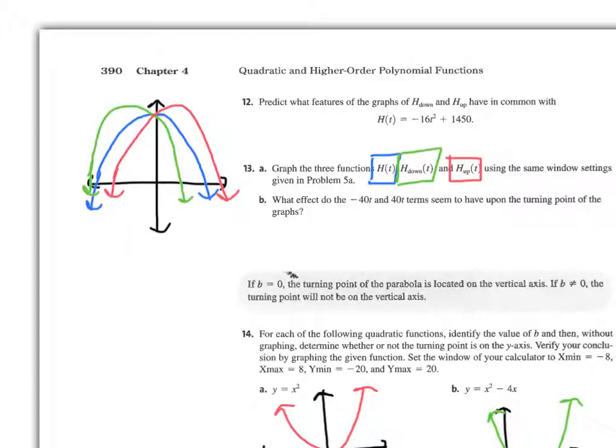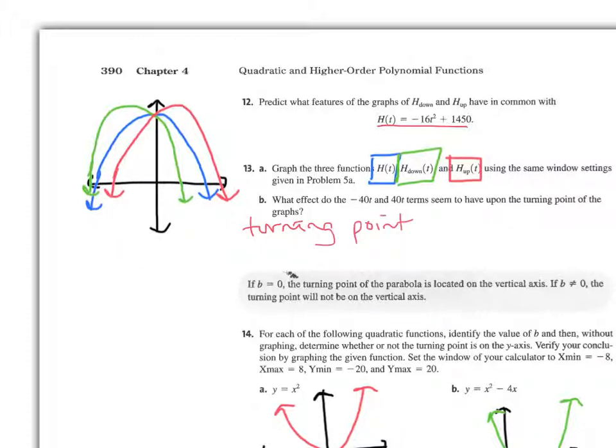No longer is the vertex, this turning point, on the axis anymore. In the original one, my turning point was on the axis. Once I add that linear term, it shifts things right or left depending on its sign, and it means my turning point is not on the y-axis.